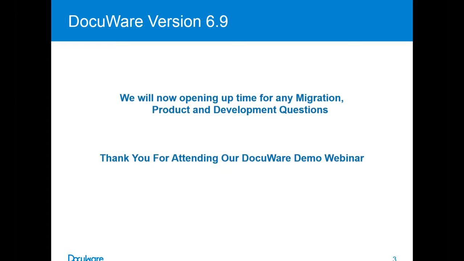Also, another nice thing about this version 6.9 is that there are some tools there that allow you to just test out DocuWare before you even do a production migration. You could take, let's say, 500 documents. That maybe is a big test, but enough to get a feel for the system. You could take 500 documents, just run a search, a query, and move those to a trial account that we have.